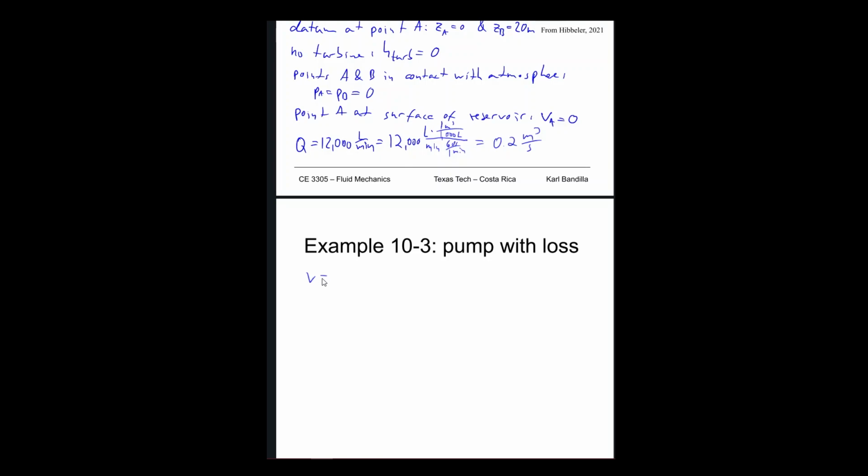All right, so then of course we can find what the velocity is by just saying that V is equal to Q over A. That is the same as 4 times Q over pi d squared. Plug in those numbers. That'd be 4 times 0.2 cubic meters per second divided by pi.